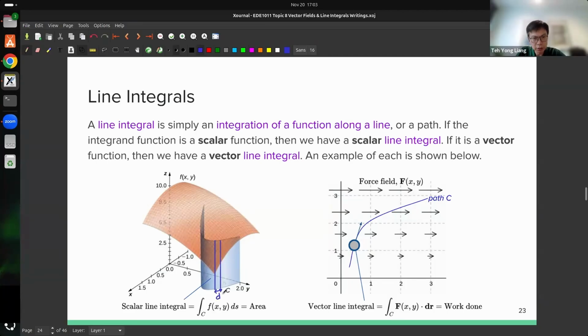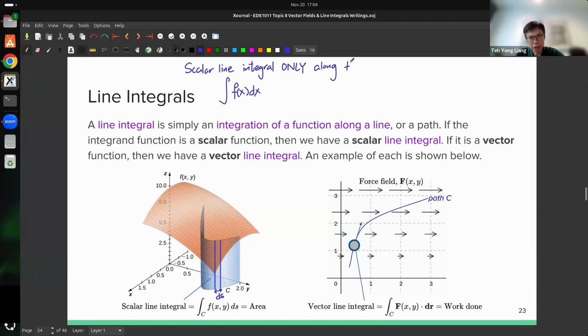It is very similar to dx. When you integrate, for example, the integral of f of x dx, this is also a scalar line integral, only along the x direction.